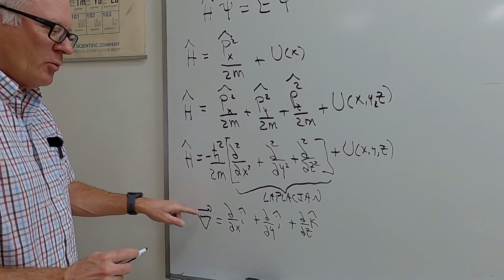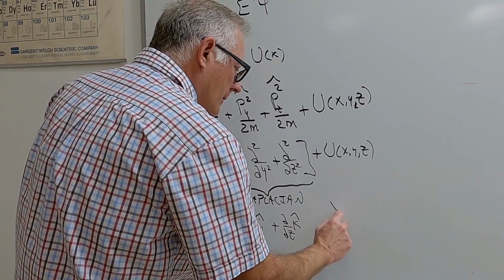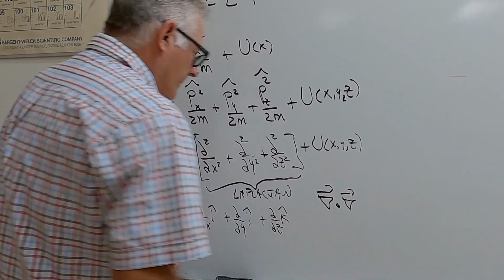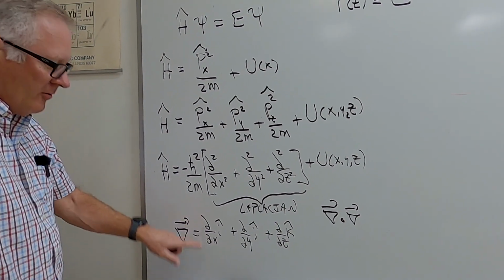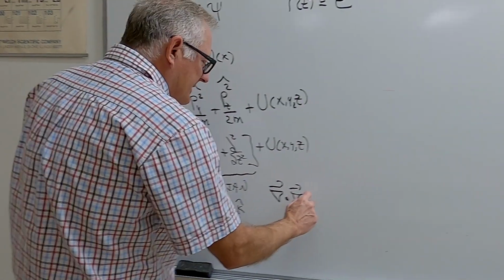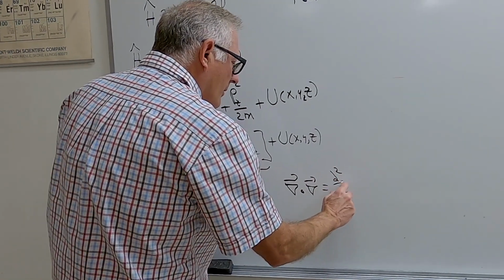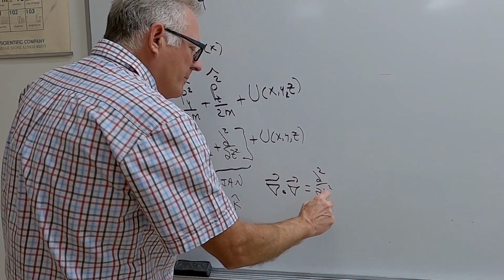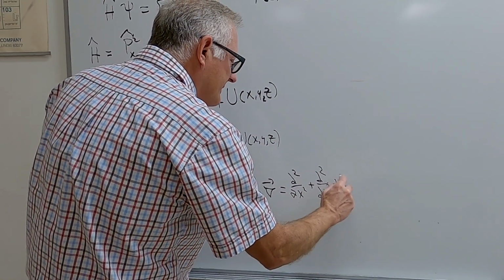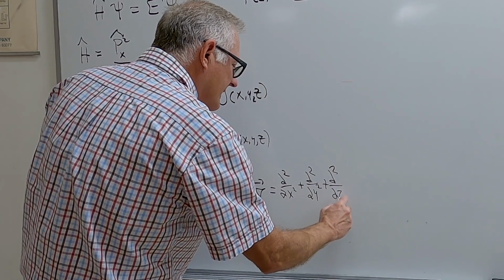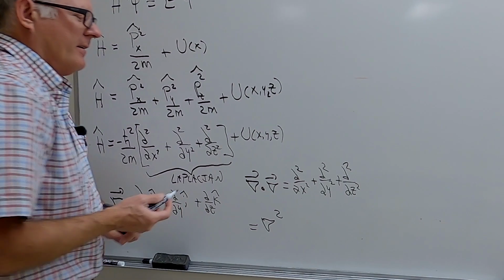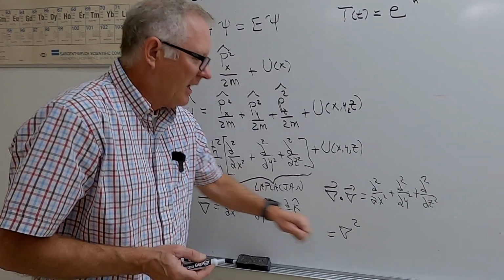If you dotted this with itself, then you would put the i's together, the j's and the k's, and so this would be the second derivative with respect to x squared plus the second derivative with respect to y squared plus the second derivative with respect to z squared. Or you could even write this as del squared right there. It wouldn't be a vector anymore because you dotted it with itself.